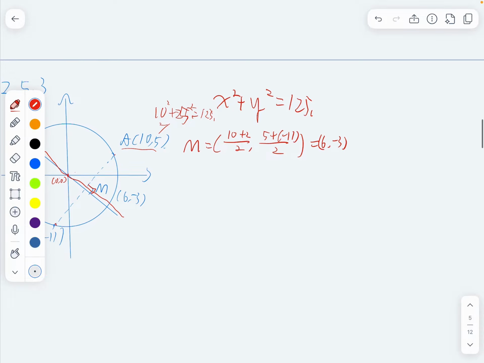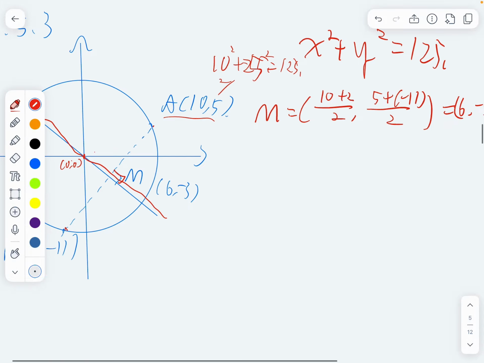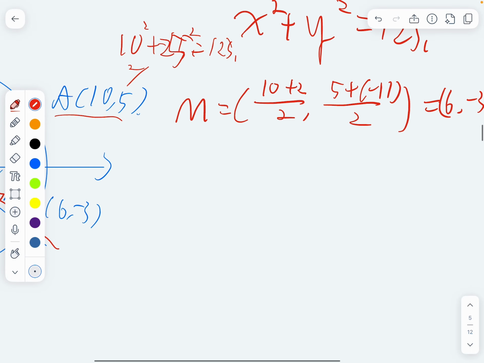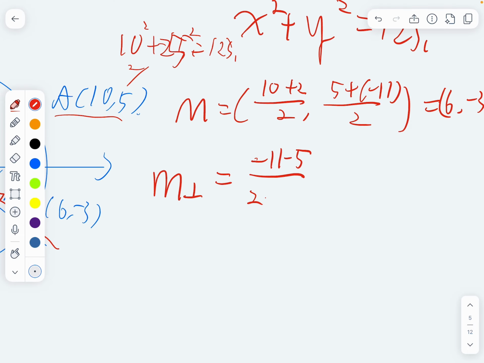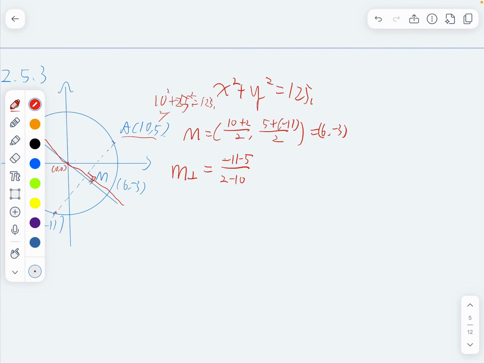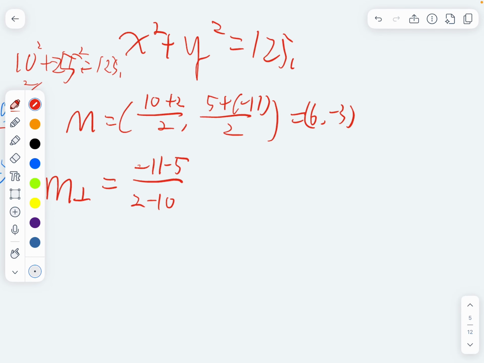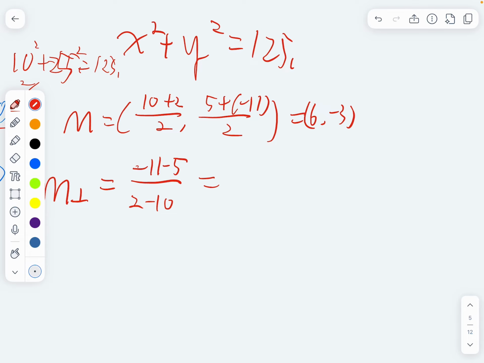If we want to find out whether it is perpendicular, we must find the slope. We use the chord AB to get the slope, which is -5 over 2 minus 10, equal to 2.